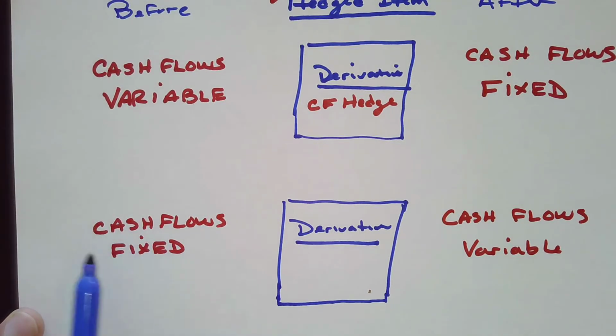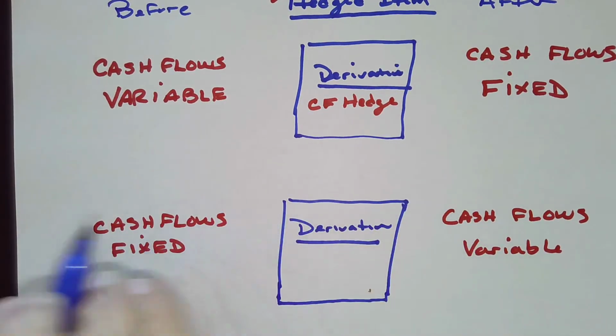I want to make sure my fair value doesn't change, so the way to do that is by allowing my cash flows to start varying and capture whatever the fair value is in that asset. So this is a fair value hedge.